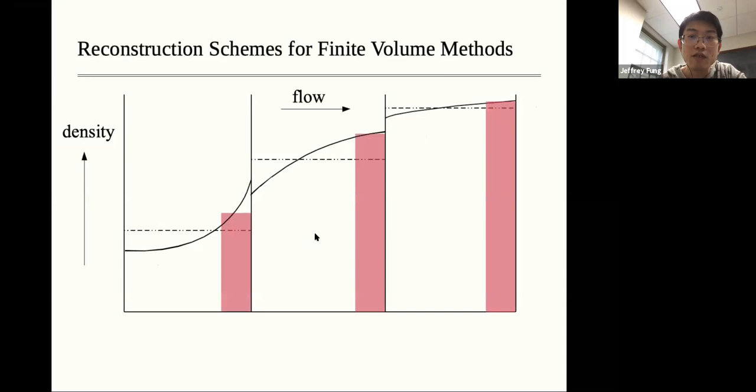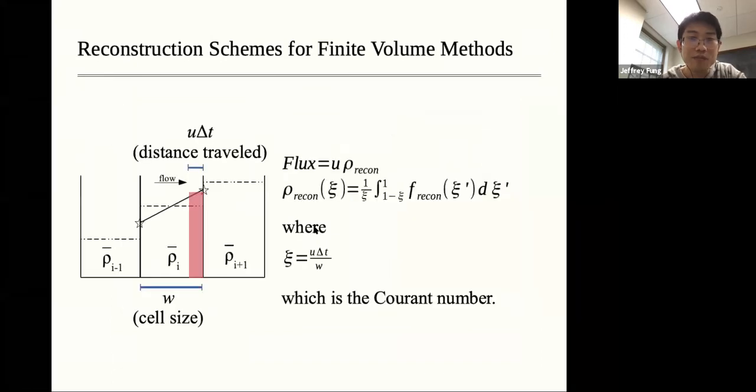Then you want to compute the flux. So let's say the flow is toward the right direction, then you can just go ahead and integrate this reconstructed curve over the distance that you want to have material moved over to the neighboring cell, then you get your flux. So pretty straightforward. One idea here is what we call the Courant number.